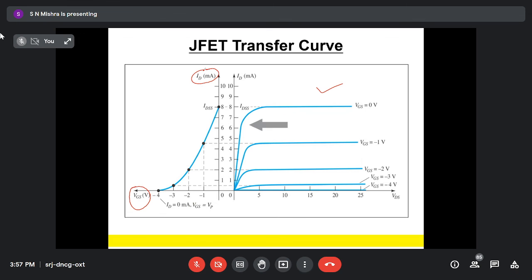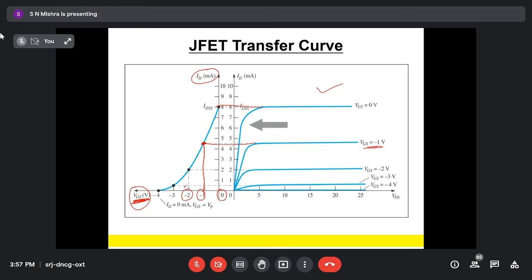Just you need to extend these points. On the x-axis you take the input voltage, that is VGS. When VGS is 0, I am getting maximum current, that is IDSS. When VGS is minus 1, I am getting less current compared to IDSS.